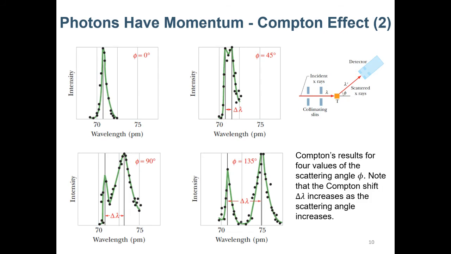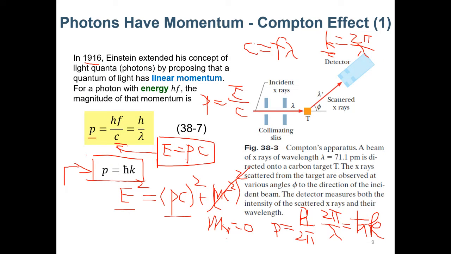And next we discuss the quantum effect. Quantum effect is about this graph. So here we also shine some rays to a target, but now we use X-ray rather than visible light.